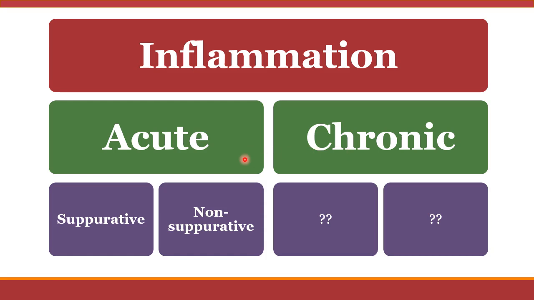Then about the duration. The acute inflammation is always of short duration, up to days. But chronic inflammation is a long process that may take up to years. Then also we described a difference regarding the pathological features. We said that in acute inflammation we can see more inflammatory fluid exudates and predominantly neutrophilic infiltration and also some macrophages.